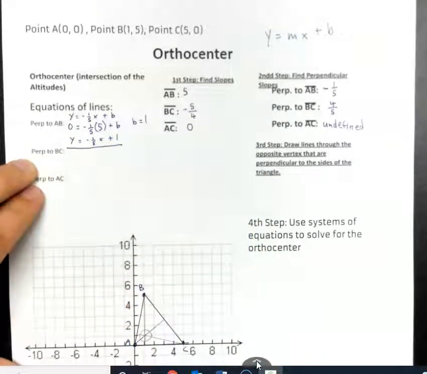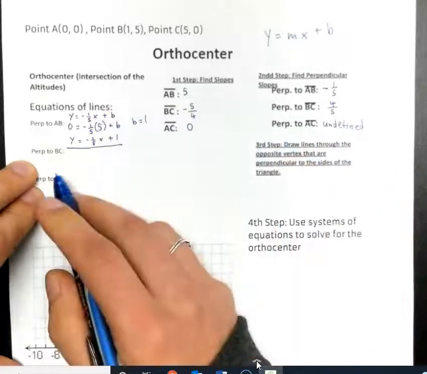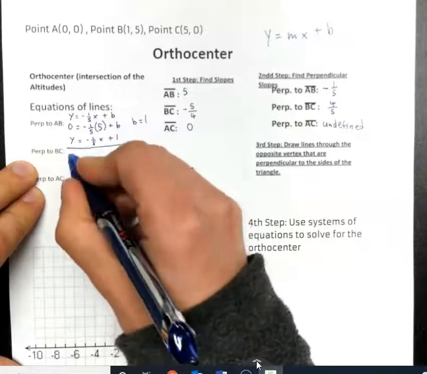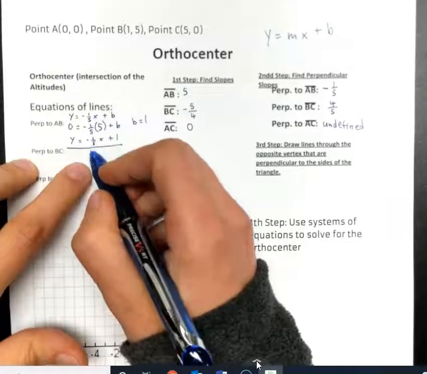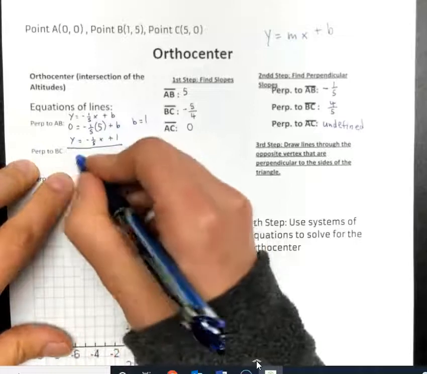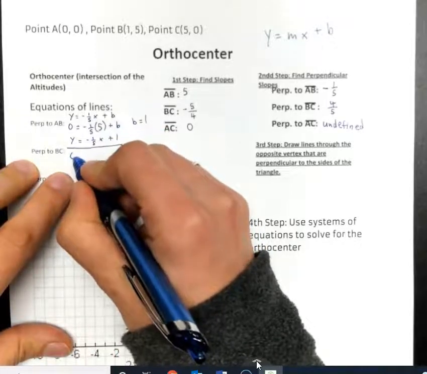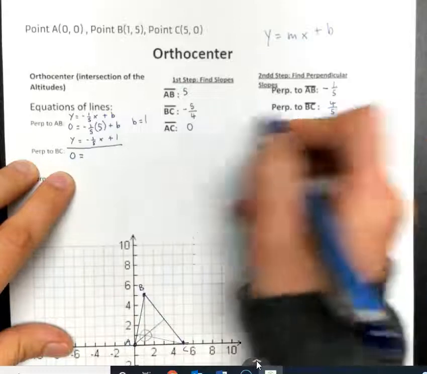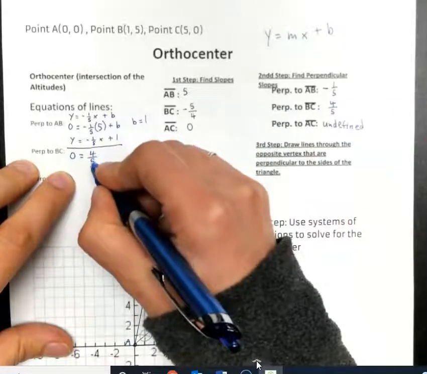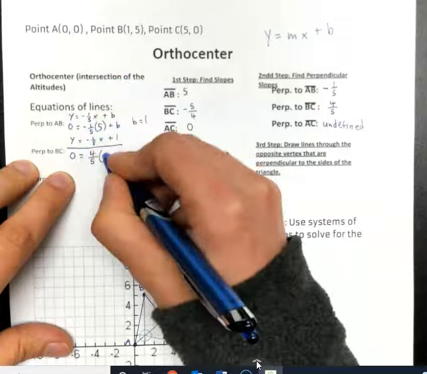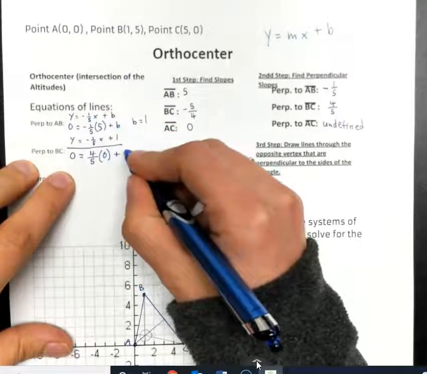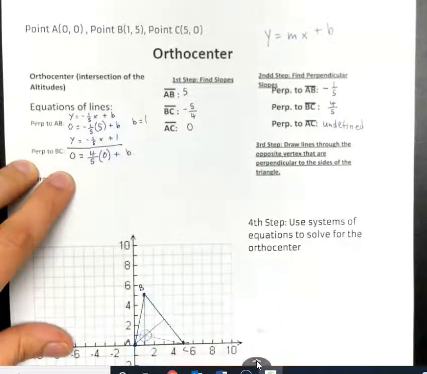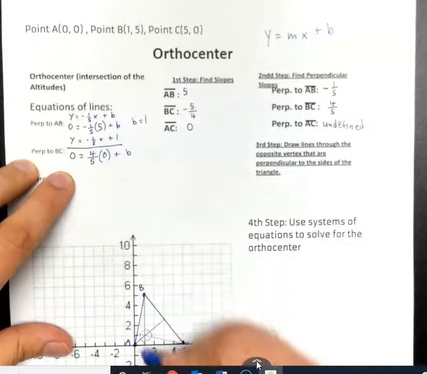Next, we need the equation for the line that's perpendicular to BC. So BC has point A on that line. The slope for perpendicular was going to be 4/5, and we said point A is the point we knew, which is 0, 0. So I'm just going to plug it in. 0 equals 4/5 times 0 plus b. What's our intercept?